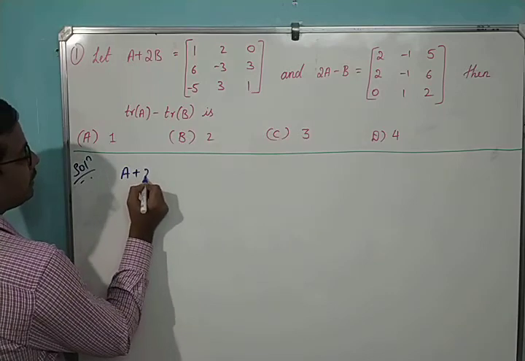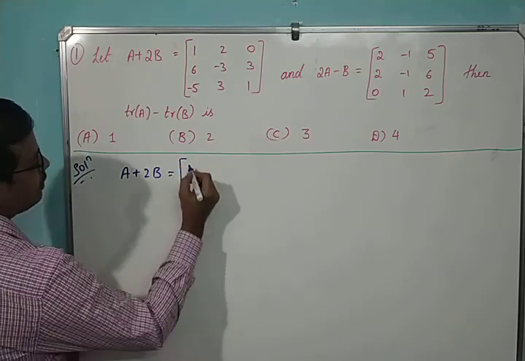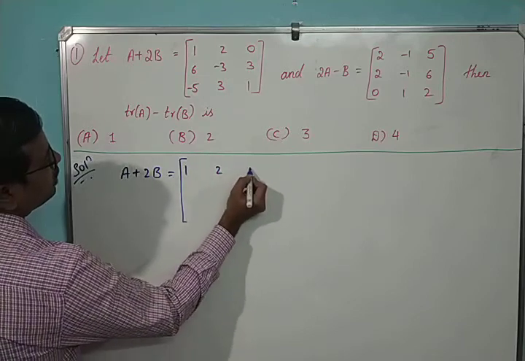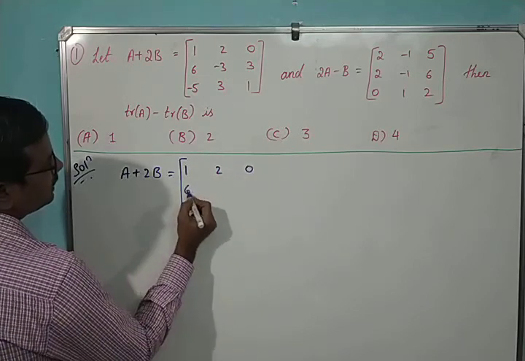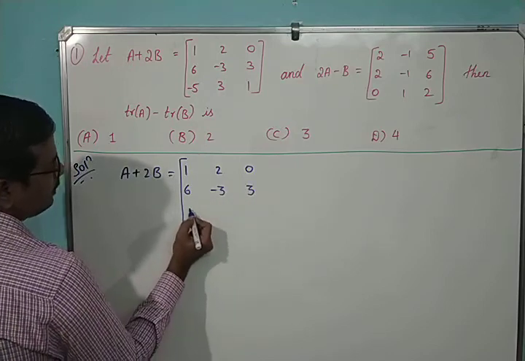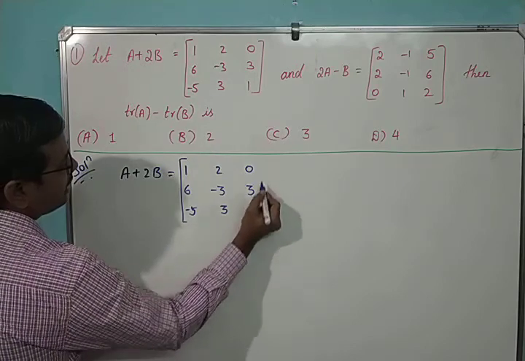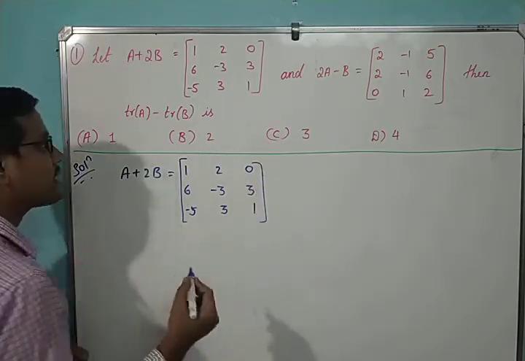A plus 2B is given as the matrix 1, 2, 0; 6, minus 3, 3; minus 5, 3, 1. This is the given matrix.